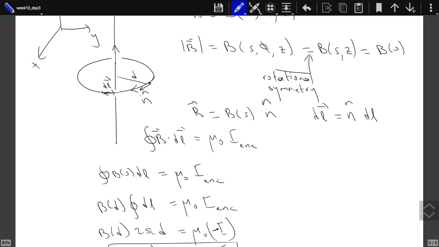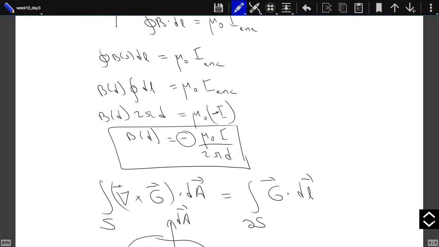If I had chosen my loop to be pointing in the other sense, in that case, I wouldn't have obtained this minus sign. So this component of B in the other sense wouldn't have this minus sign, but that is still pointing in the same direction. So you are free to choose the direction of your loop.